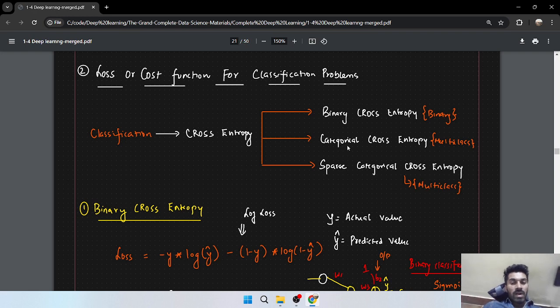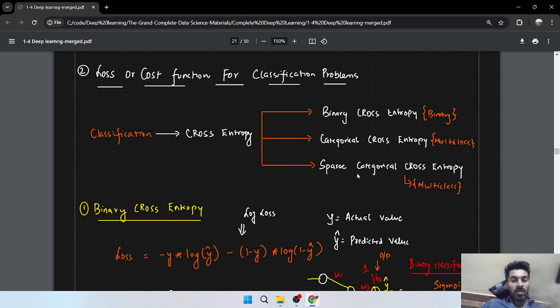If you have an output class that contains outputs where, say you have 10 classes and in the sixth location you have 1 and all others are 0, then apply categorical cross entropy.